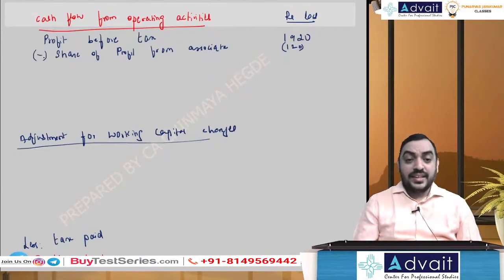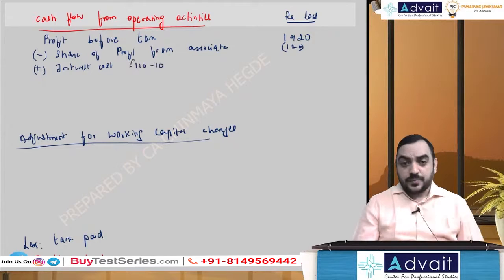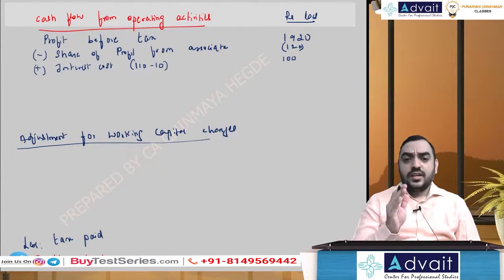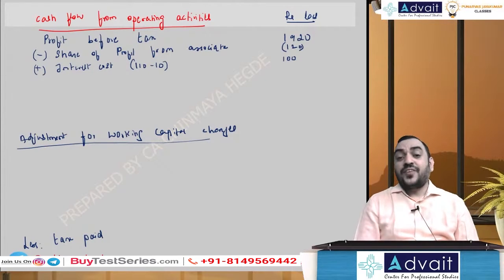So I'll add back interest because it is going to be part of financing activities. So interest cost 110. Out of 110, 10 is already capitalized, so minus 10. So the balance 100 is going to be part of financing activities.